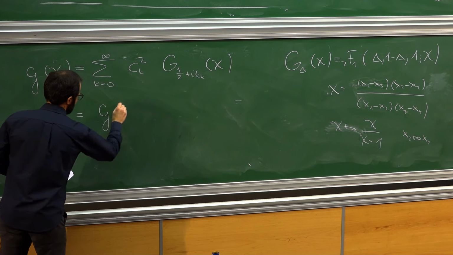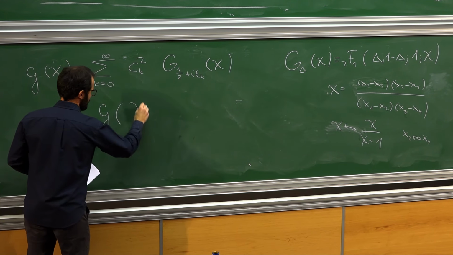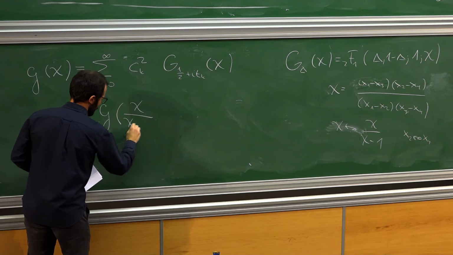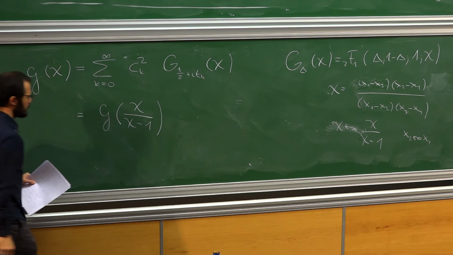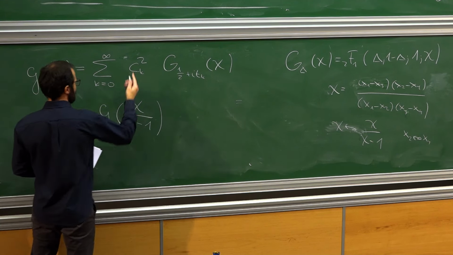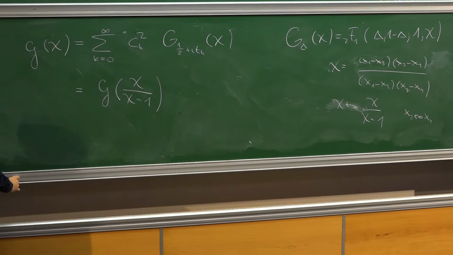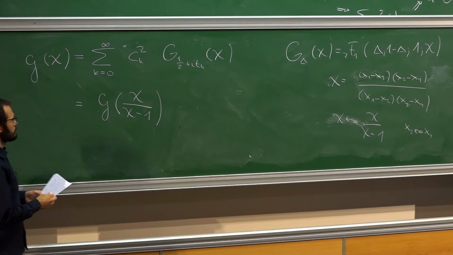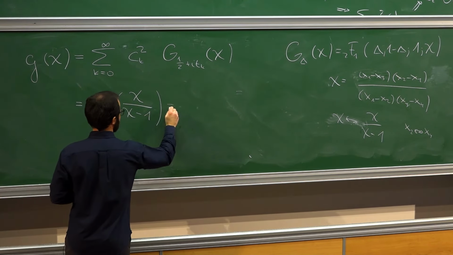And then associativity is just a statement. This function is symmetric under that permutation. So you can just of course expand this in the same way.